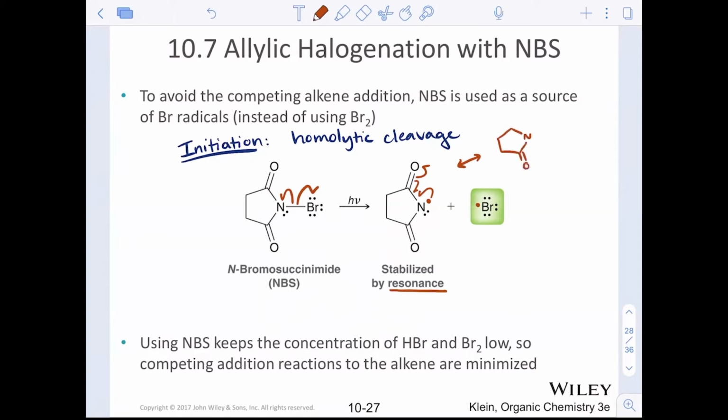We're showing this resonance just for our own purposes, to see how stable that nitrogen is. And so the Br radical will continue on in our propagation steps. So just again to confirm, we use NBS over the reaction arrow instead of Br2 because NBS will keep the amount of bromine radical and Br2 low so that we don't have any competition with reacting the pi bond in the alkene, like what we saw in chapter 8.